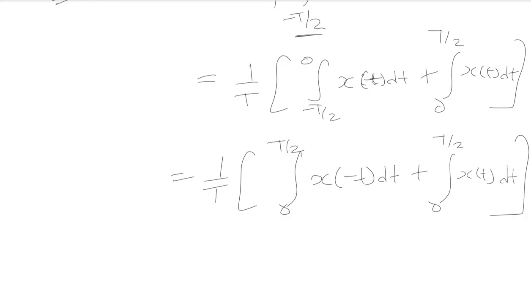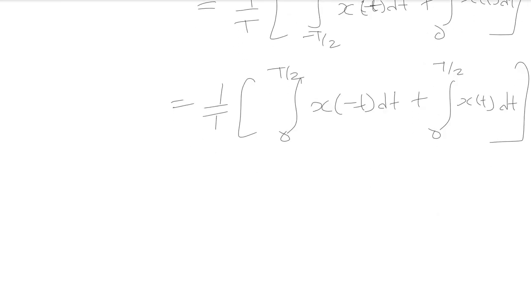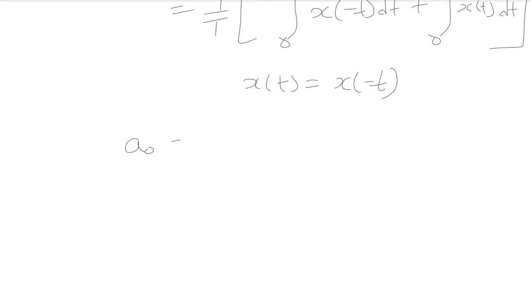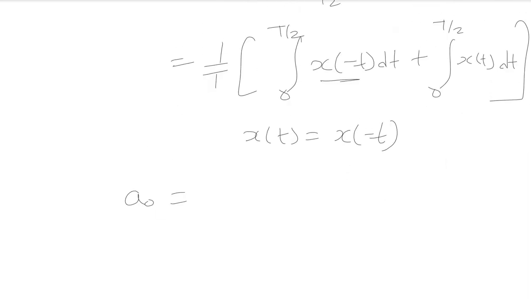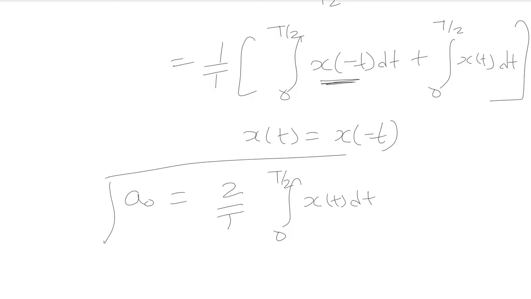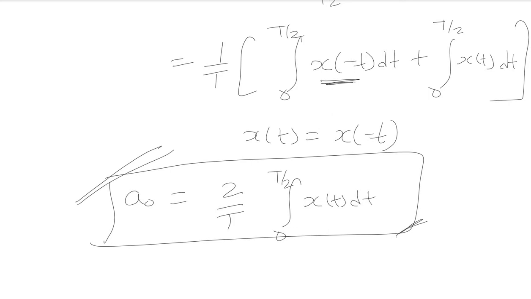Since the given signal xt is an even function, that is xt is equal to x of minus t, this x of minus t can be replaced by xt. So a0 can be reduced to 2 by T integration 0 to T by 2 xt dt. So for the even function, a0 is equivalent to this expression.